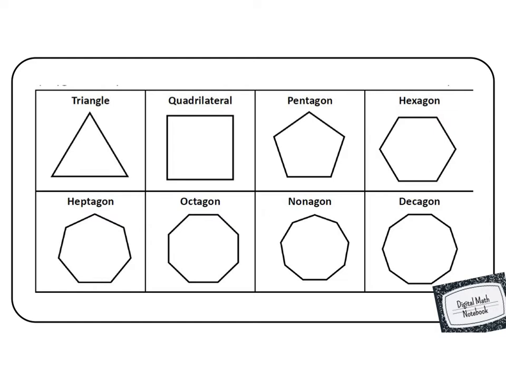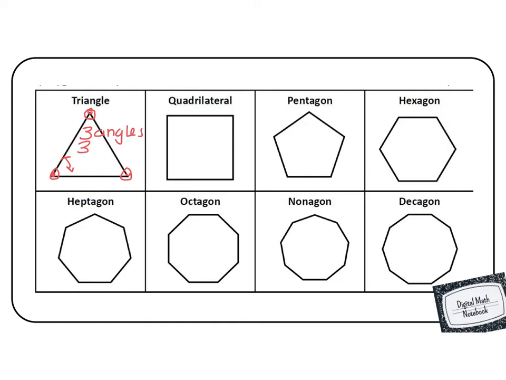So if we look at the triangle, we can count that it has 1, 2, 3 angles. Remember, that's from here to here. So it has 3 angles. And we can also look at it has 1, 2, 3 points where the lines meet.